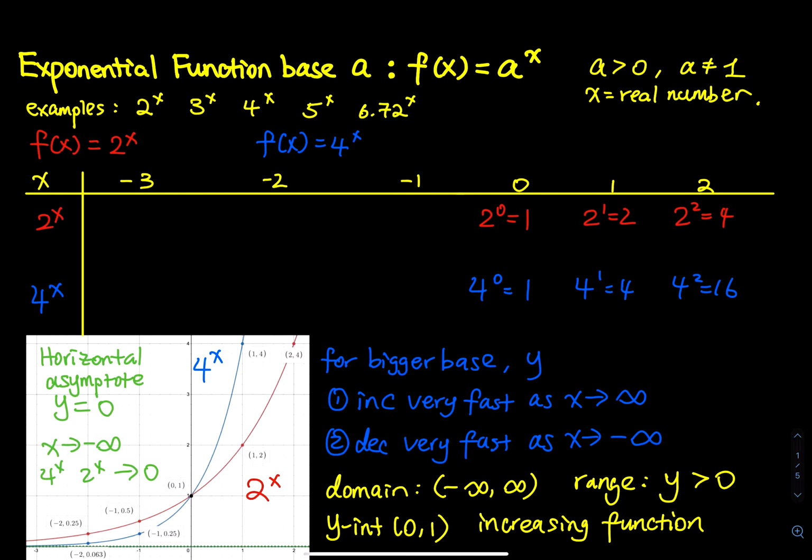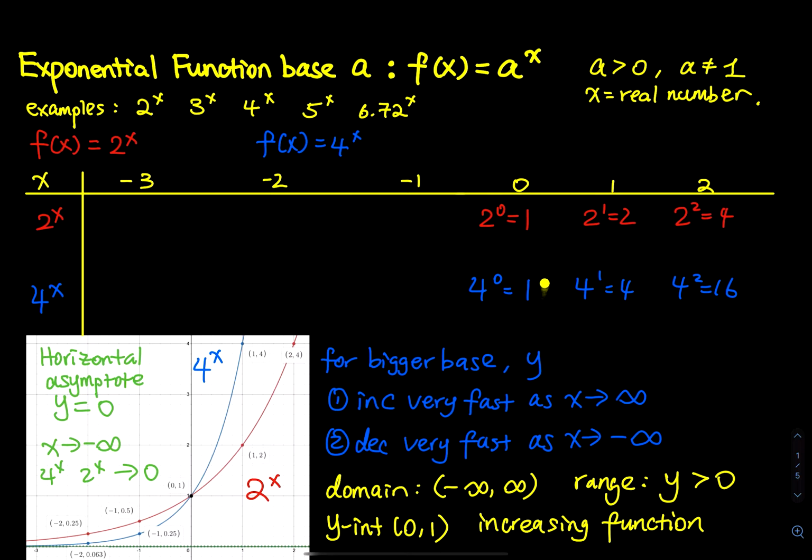For 2 to the x, I'm going to match the color. When x equals 0, 2 to the 0 is 1; x equals 1, 2 to the first power; 2 to the second power. So as x increases, y increases exponentially. What happens when the base is bigger?